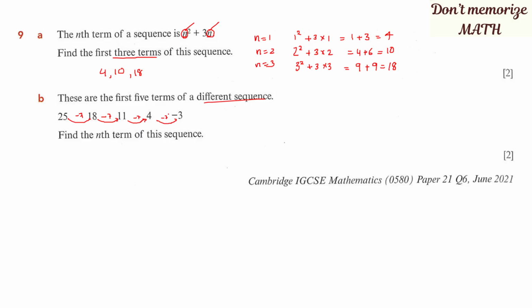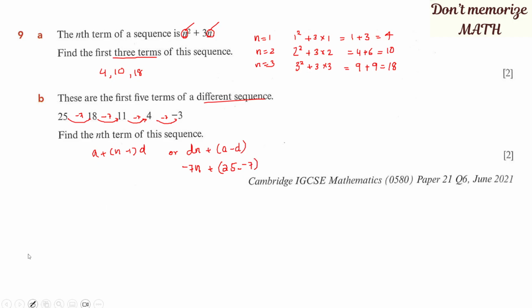So to find the nth term of an arithmetic sequence, you can use the formula a plus (n minus 1)d, or you can take dn plus a minus d. Here d is the difference, which is minus 7. So minus 7n plus a minus d. a is the first term, 25. So 25 minus d, and d is minus 7, so two minuses will come here.